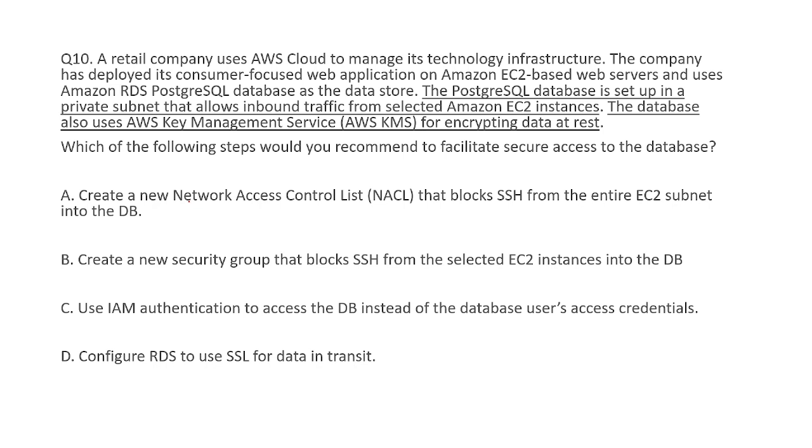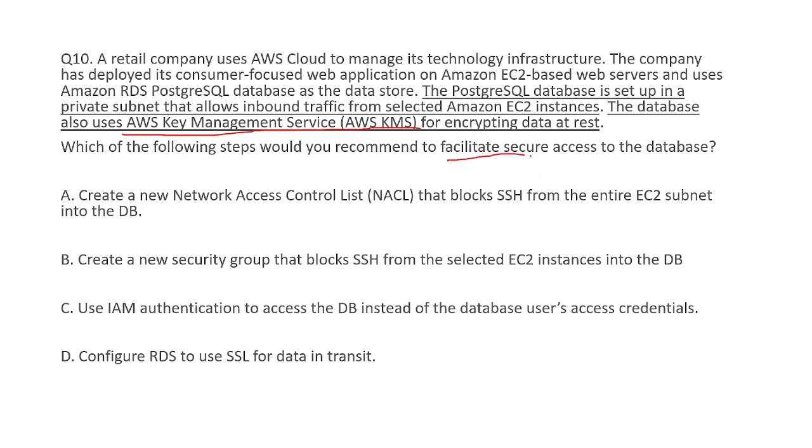The database also uses AWS KMS for encrypting data at rest. So guys, this is very important. Let me highlight this. Below are the options. Which of the following steps would you recommend to facilitate secure access to the database?